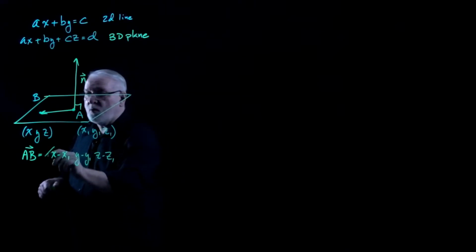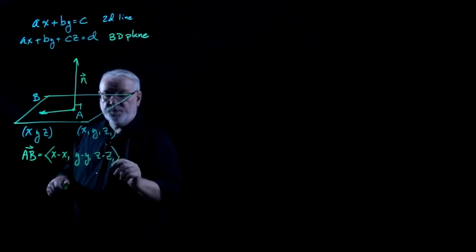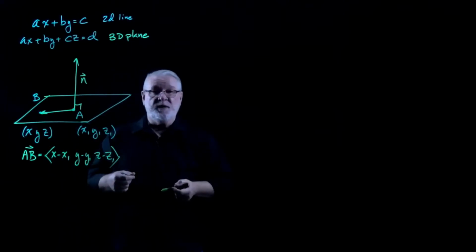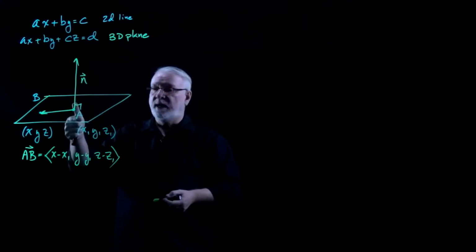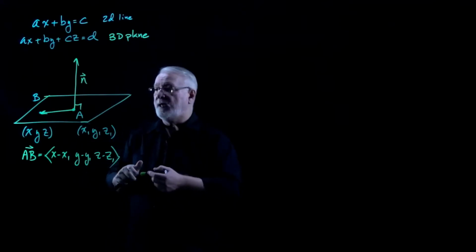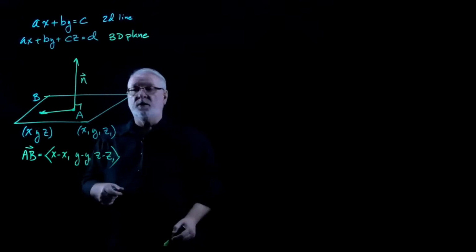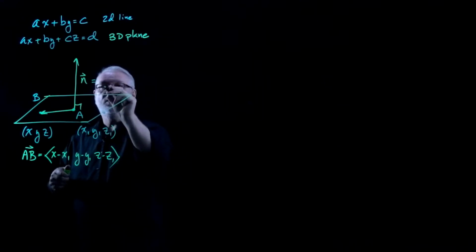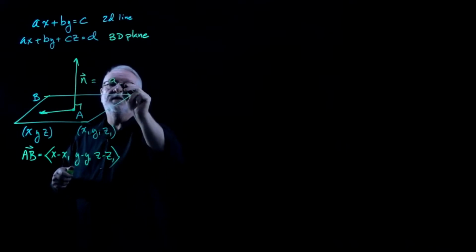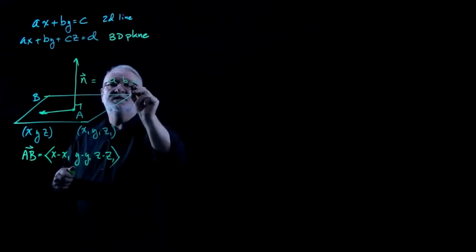And those would be its 3 coordinates for vector AB. Well, there's a property of AB that we want to exploit right now. Because the normal is perpendicular to the plane and vector AB lies in the plane, of course, the normal is perpendicular to AB as well. Let's give the normal a designation. We're going to say it's at coordinates a, b, c.